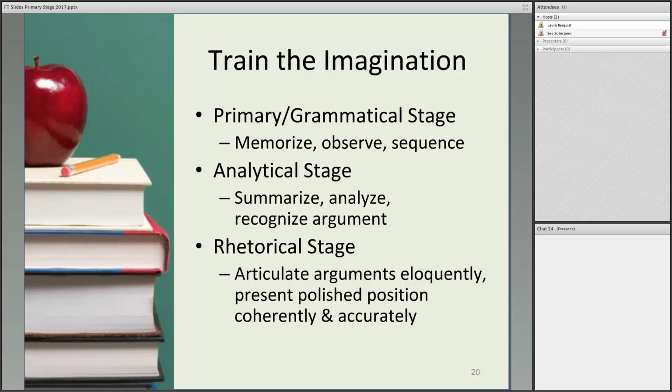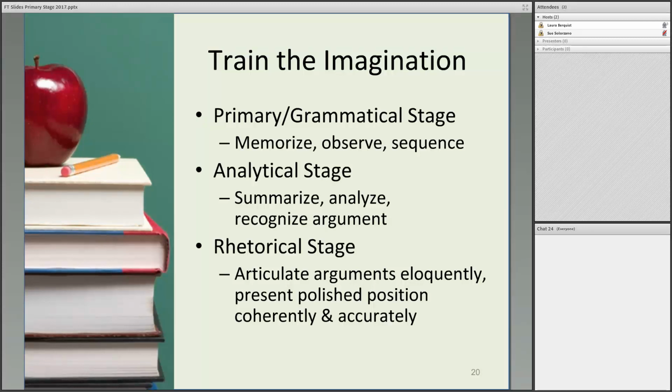In the analytical stage, where the focus is summarizing, analyzing, and recognizing argument, we have the help of a trained imagination from all that memorizing, observing, and sequencing that we did, but we also are using it, right?